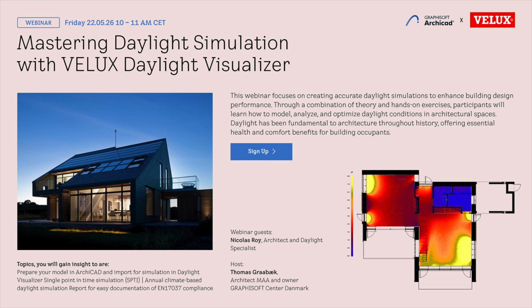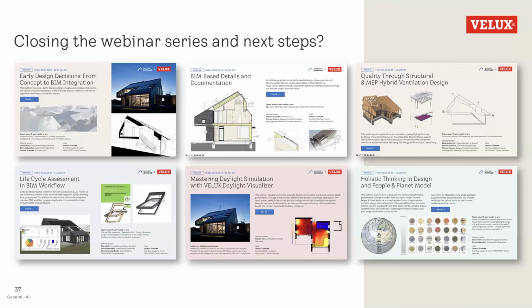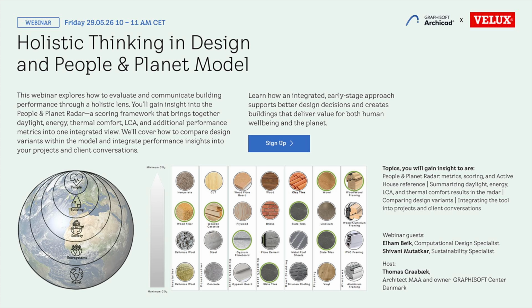Last week, we had the fifth webinar about daylight, and especially about how to measure daylight using the VELUX Daylight Visualizer software, and figuring out how not to have too much sun, too little sun, and how to avoid having too many electric light sources inside the building. And then today we've been stitching everything together and trying to measure if we did well, and we did well. So everything is good now.